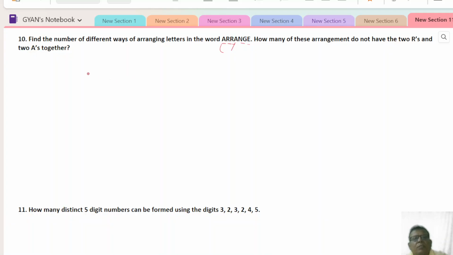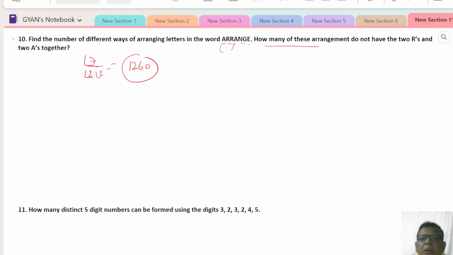So first make how many words can be made. So it's factorial 7 divided by factorial 2 and factorial 2. So this is equal to 1260.